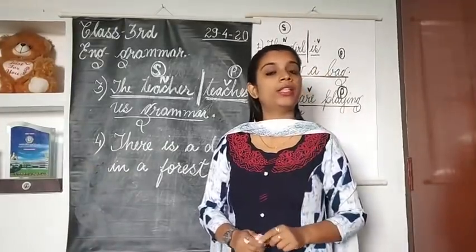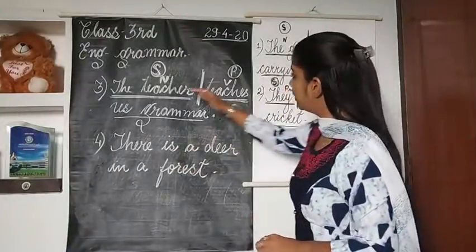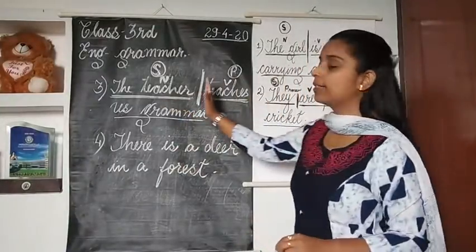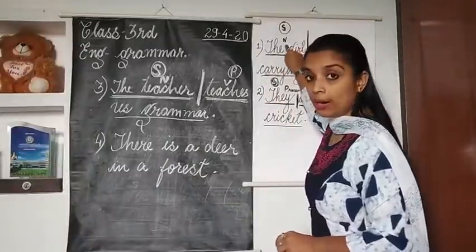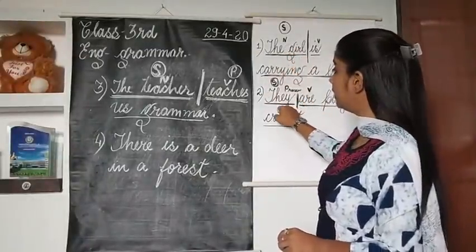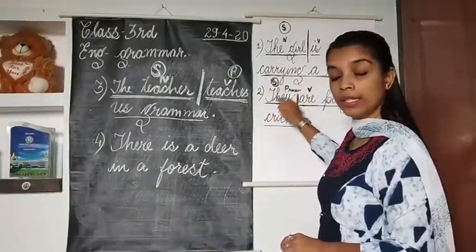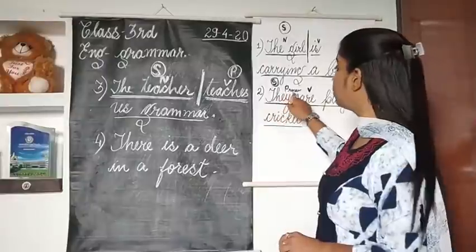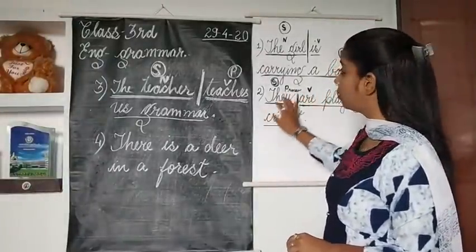But it is not correct in all cases, children. You can see here, in the first three sentences, the first part was the subject. Why? Because it is a noun here, and here it is a pronoun, and the sentence is talking about the subject.